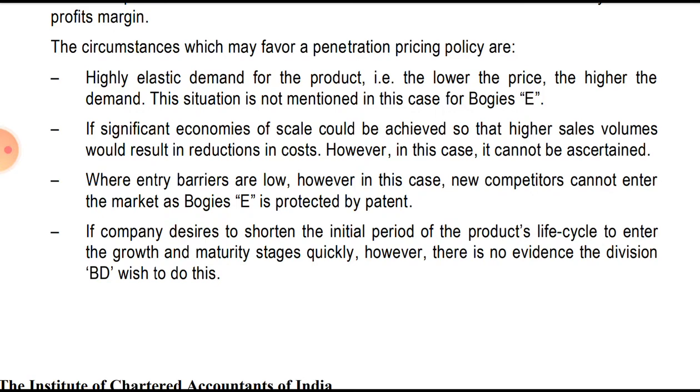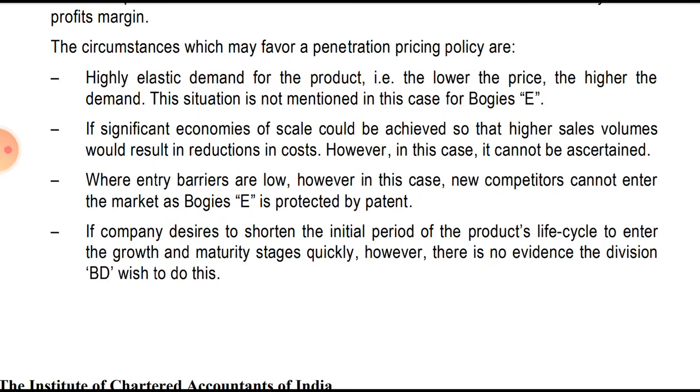Bogie E is protected by the patent. So when the entry barrier is low, we can say a company can adopt penetration pricing. But in this case, there is an entry barrier, as it is protected by the patent.